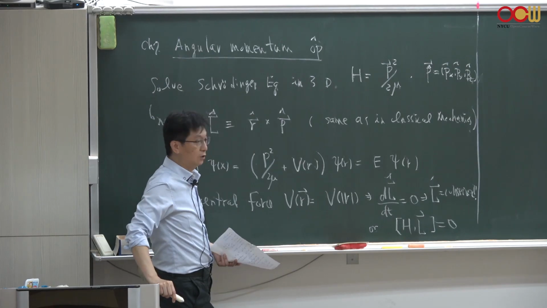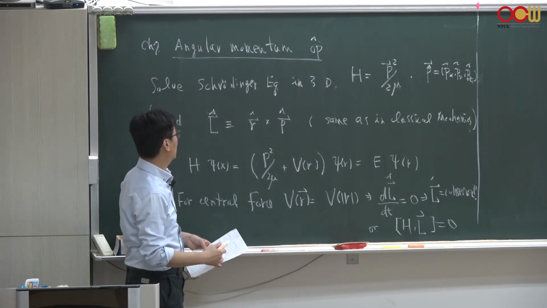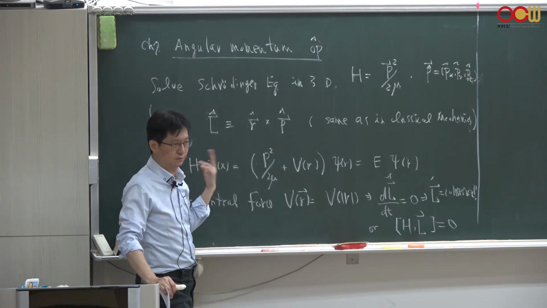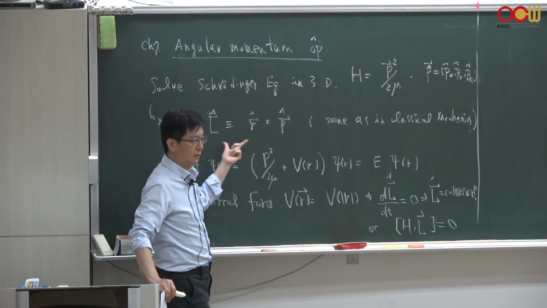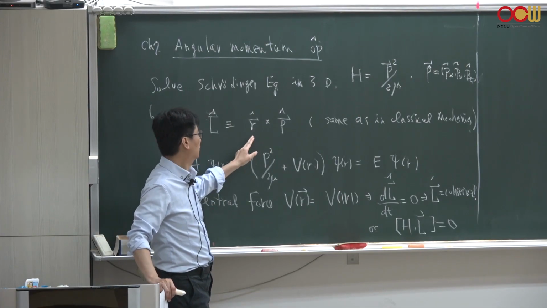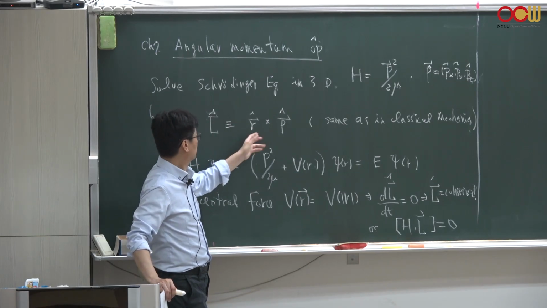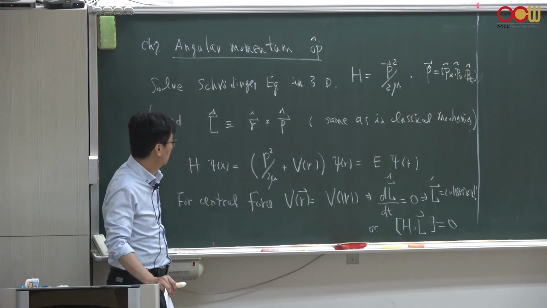All of them are operators, right? So we know in classical mechanics that three-dimensional motion is closely related to this angular momentum quantity, which is r cross p. Even in classical mechanics, we can define this angular momentum variable as the position vector crossed with the momentum vector.